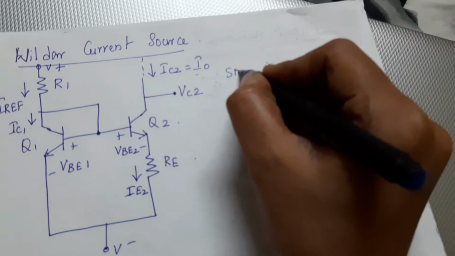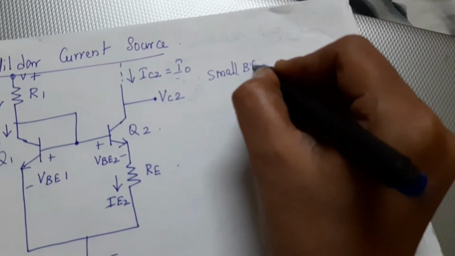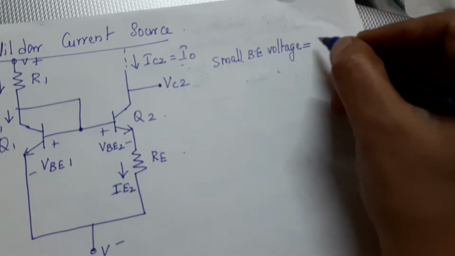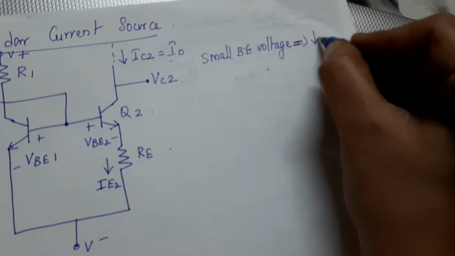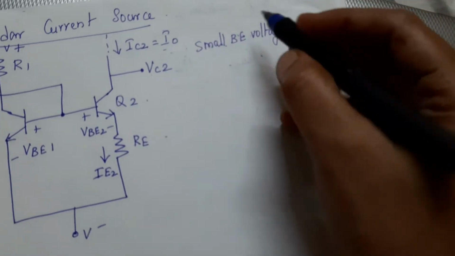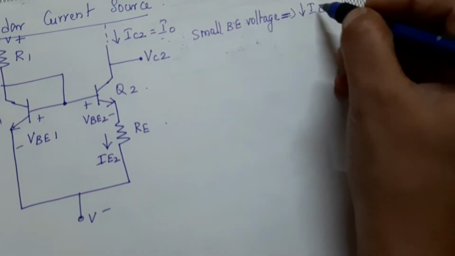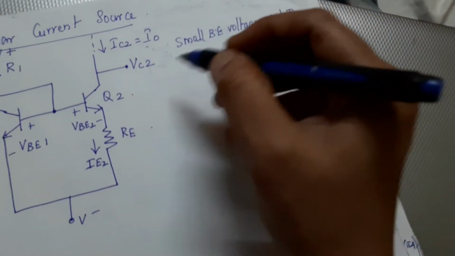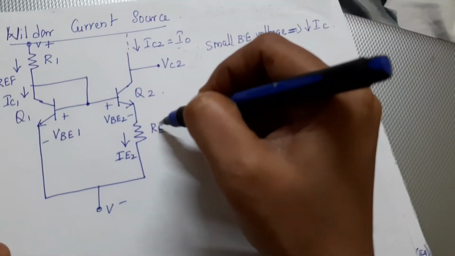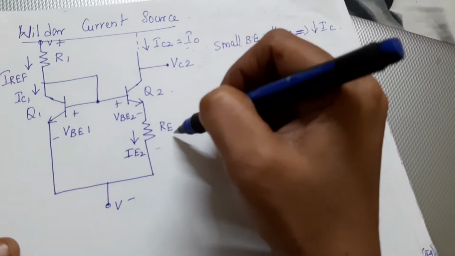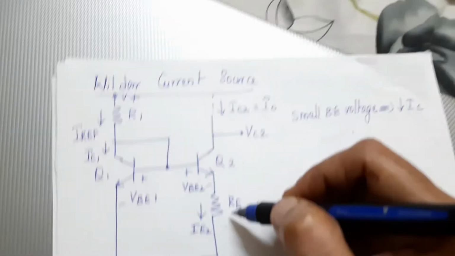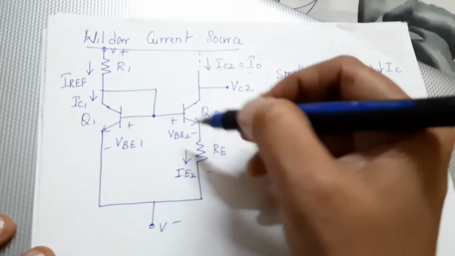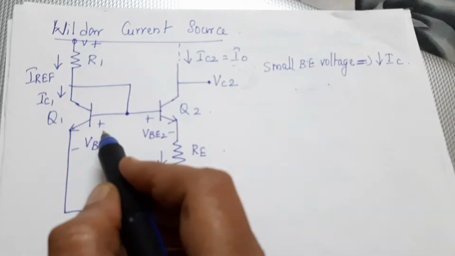So if we have a small base emitter voltage, the collector current will be reduced. As I said earlier, there is a voltage drop developed across the resistor Re, so that the base emitter voltage of Q2 is less when compared to the base emitter voltage of Q1.